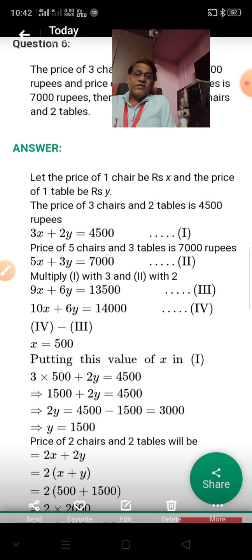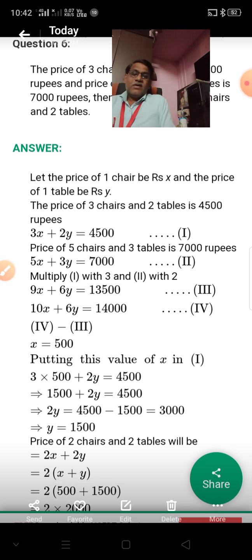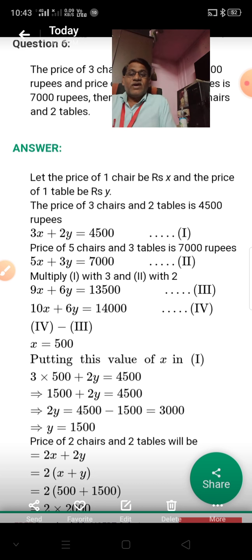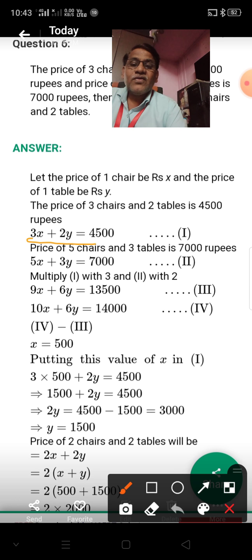So it means 3x plus 2y is equal to 4,500. 3 chairs means 3 into x plus 2 tables means 2 into y is equal to 4,500. This is equation number 1.